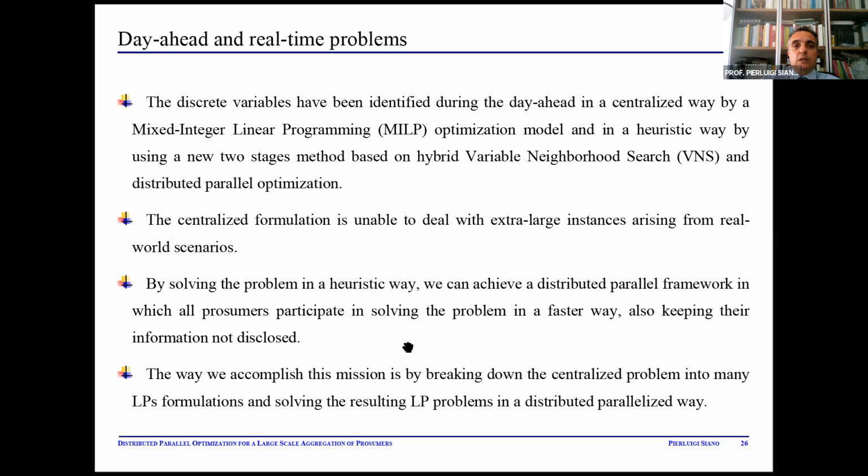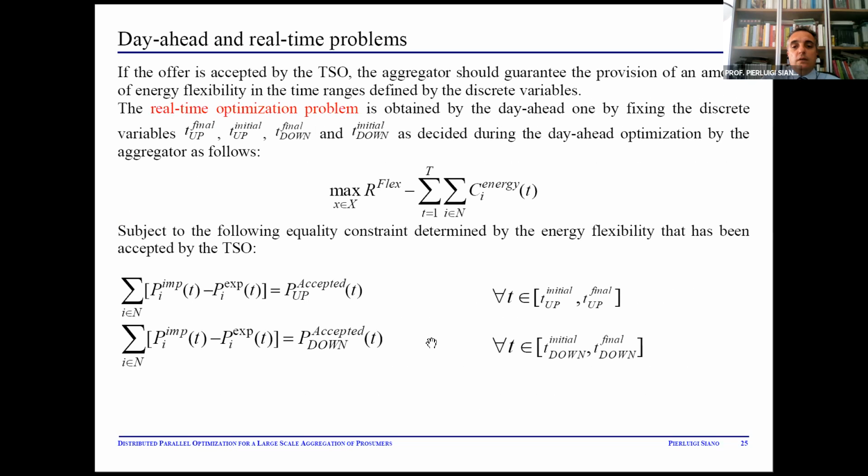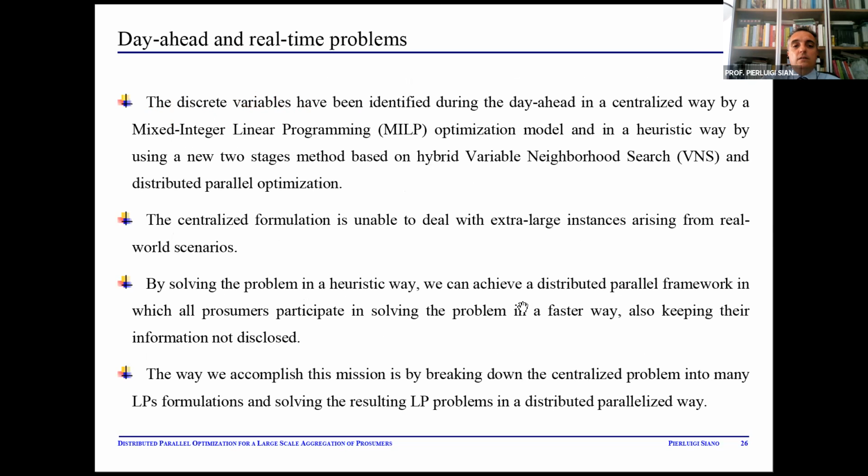About the decision related to the period when this flexibility is offered and provided, these discrete variables can be identified in two ways: by considering a centralized approach based on mixed integer linear programming optimization, or in a heuristic way by considering a new hybrid variable neighborhood search and distributed parallel optimization.